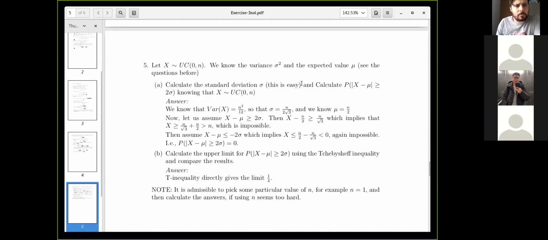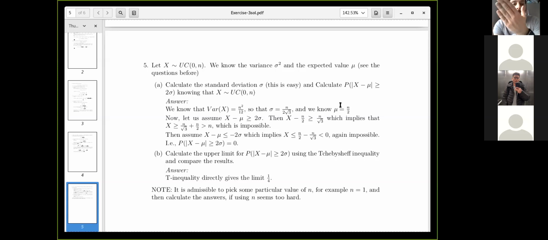We have a uniform continuous distribution between 0 and n. We know the variance already and the expected value. We calculated them. Now calculate the standard deviation and calculate the probability that x minus mu is greater than 2 times the standard deviation, knowing that x is uniformly distributed.